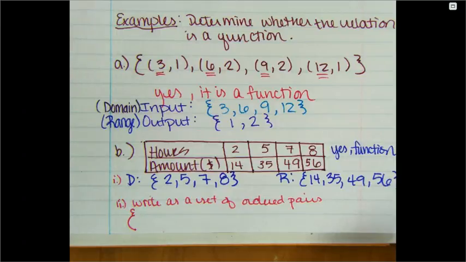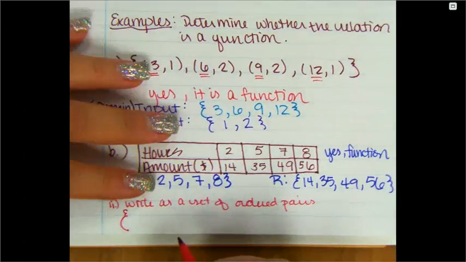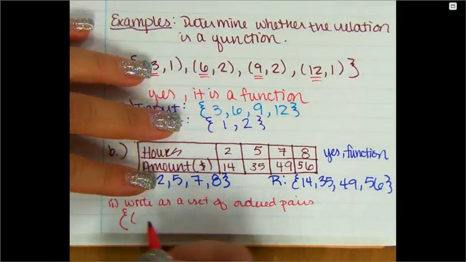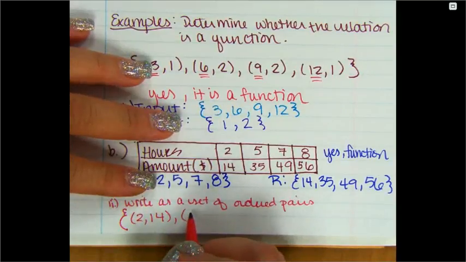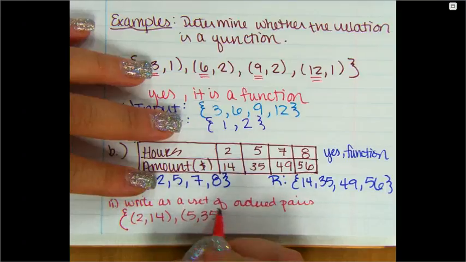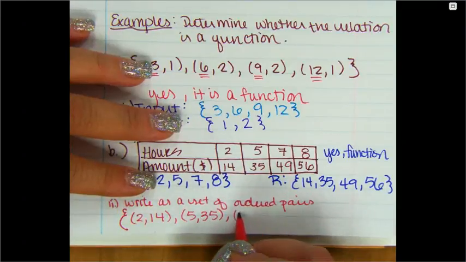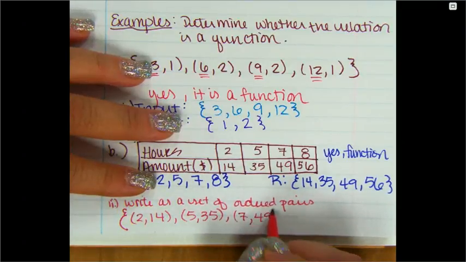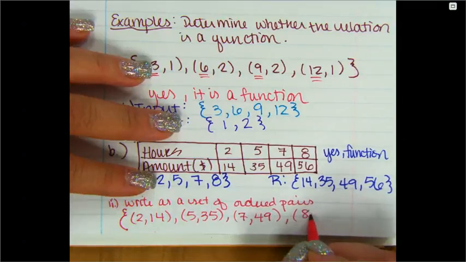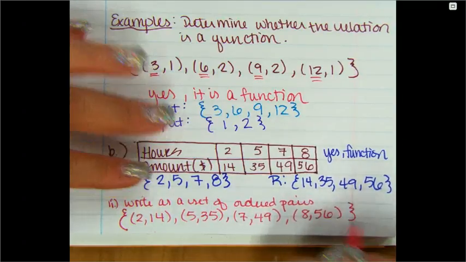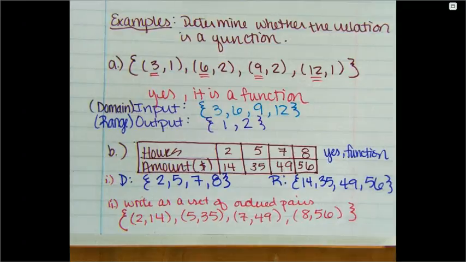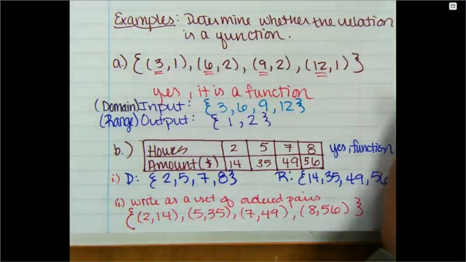All right, how do we write it as a set of ordered pairs? And lastly? Good. Easy enough? Okay. I'm going to be done with notes.